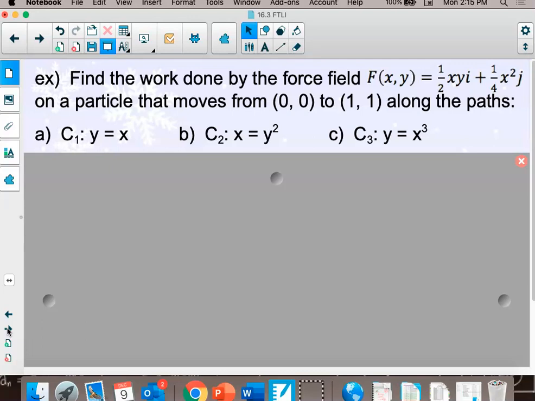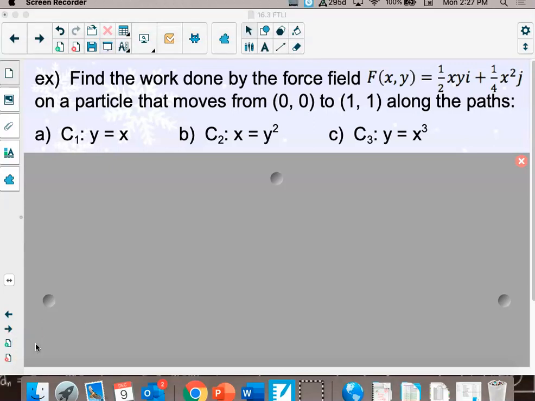So you're going to have to convert these to parametric form, and then see if you can write setups, at least setups for each of these integrals. Some of them should be pretty simple to evaluate if you want to start evaluating. But see if you can get these converted to parametric form, find your correct t's, and write your setups of your integrals. 3 different integrals, f dot dr.